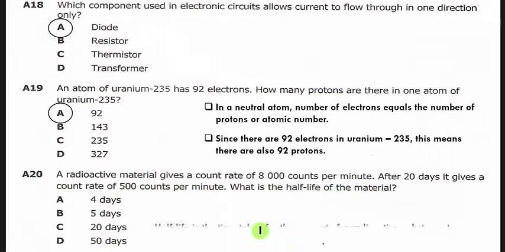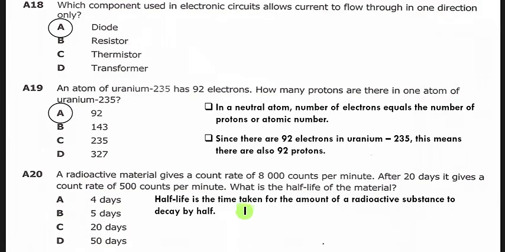Half-life is the time taken for the amount of a radioactive substance to decay by half. So half-life is just time taken. I always try to explain to people that this concept of half-life is so simple, but people don't agree.